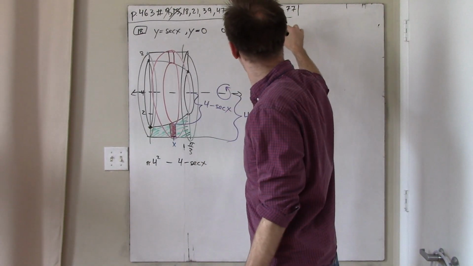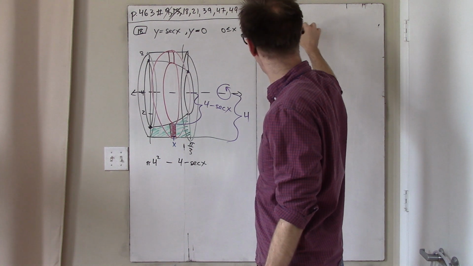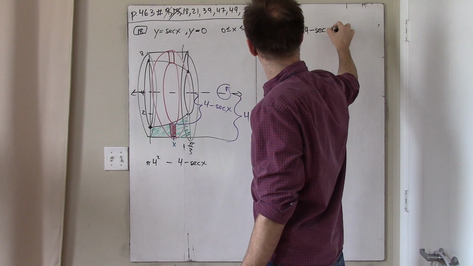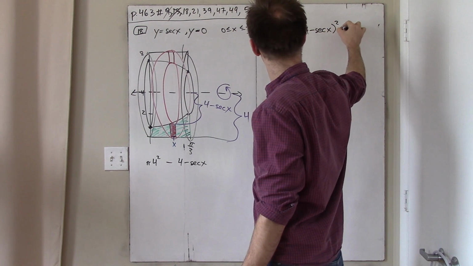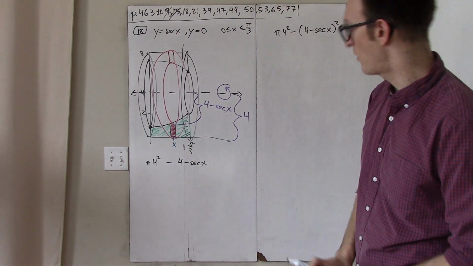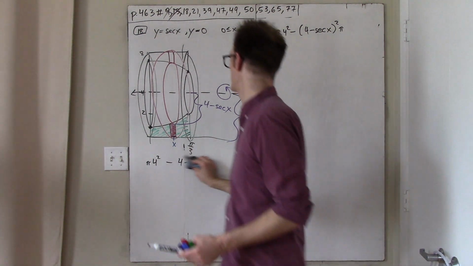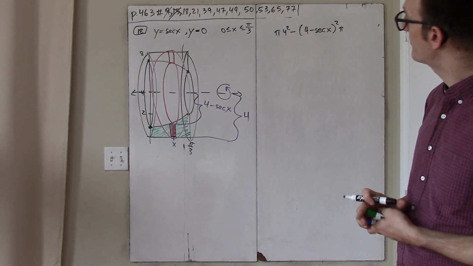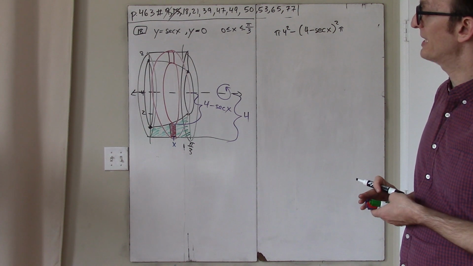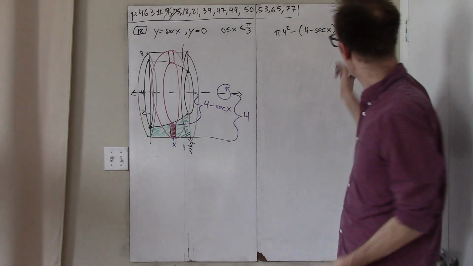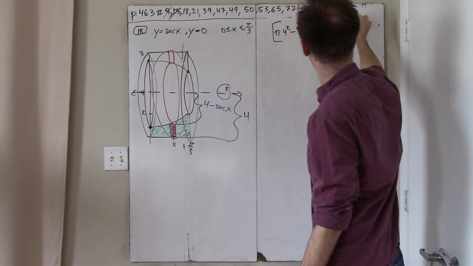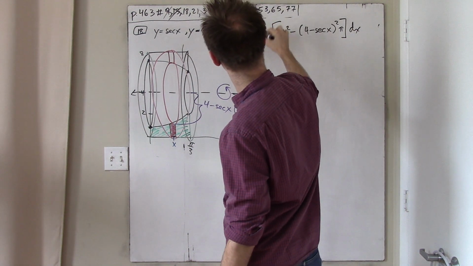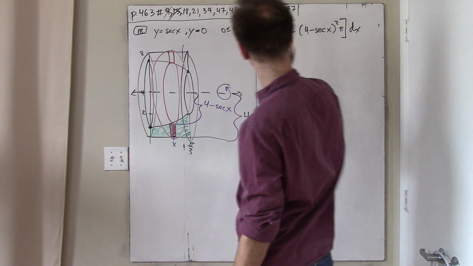So that's pi 4 squared minus 4 minus secant x squared times pi. So that now gives the area of circle minus circle, so big circle minus little circle. And now I multiply that by the thickness, and we integrate from 0 to pi over 3.